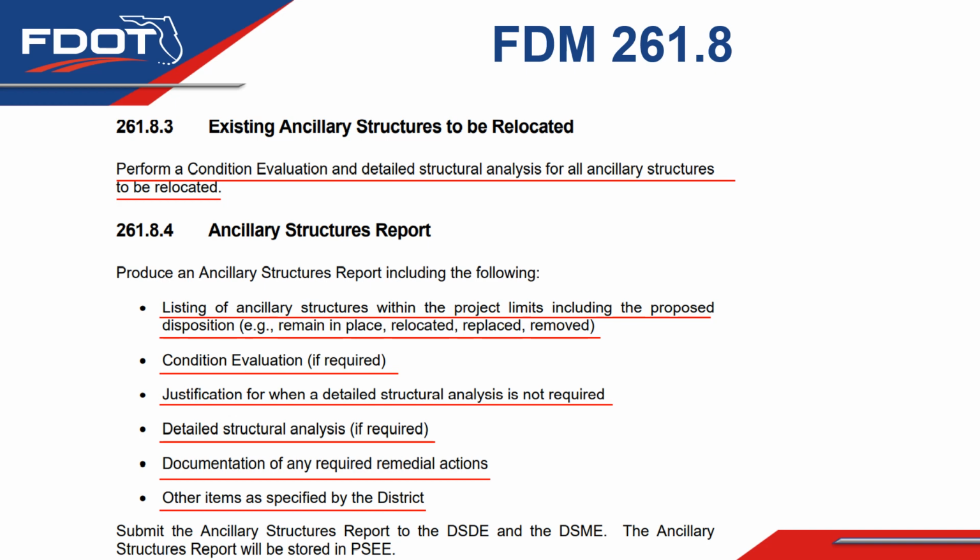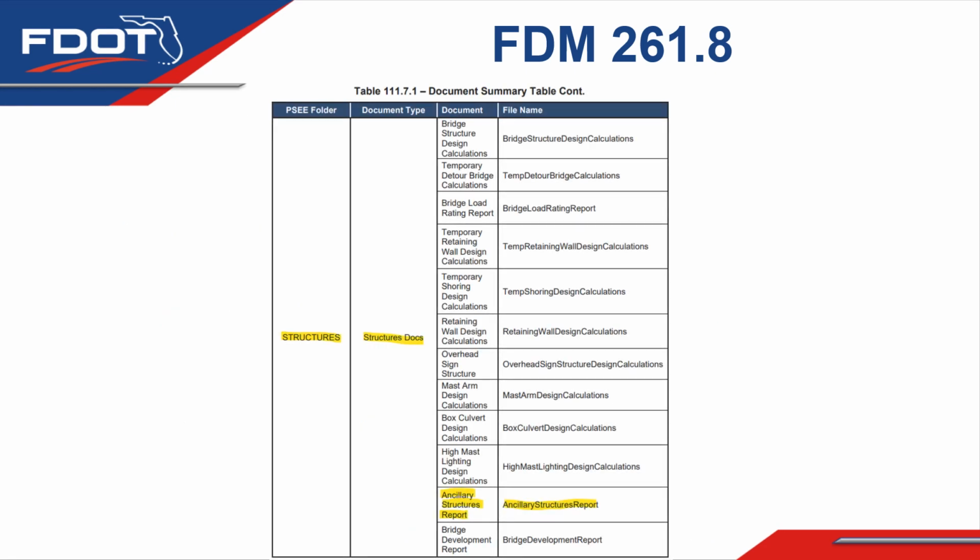The ancillary structures report will be submitted to the DSDE and the DSME, and that report will be stored in the PSEE and will be available for all of our users. In FDM 111, we have added a structure to the PSEE folders to allow a consistent placement of the ancillary structures report.